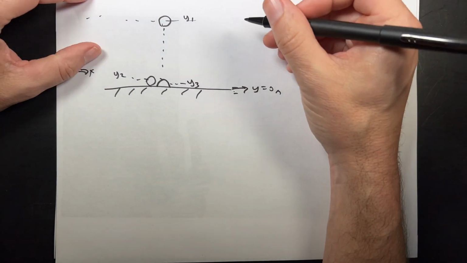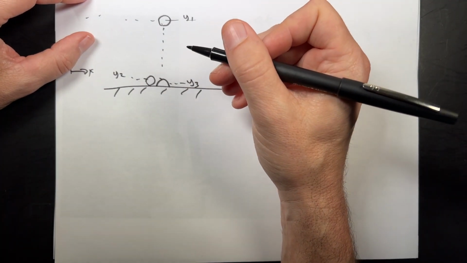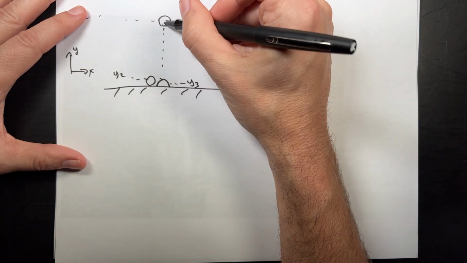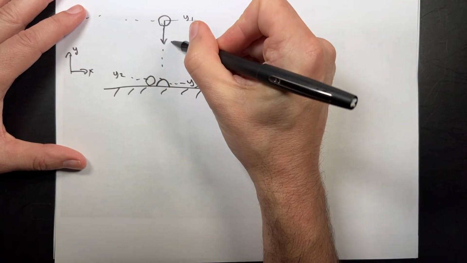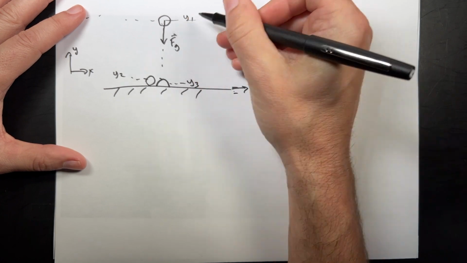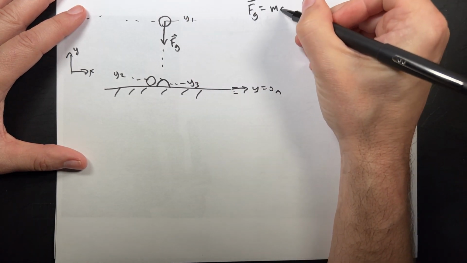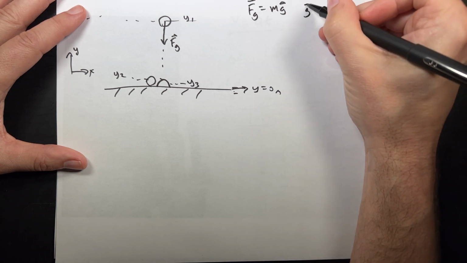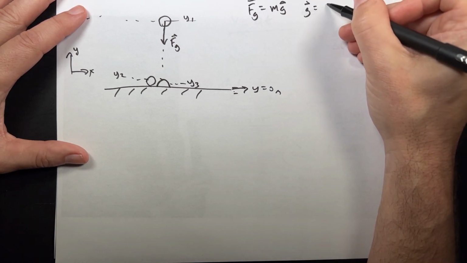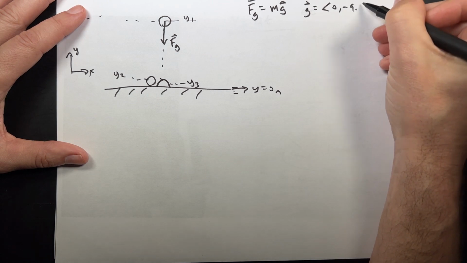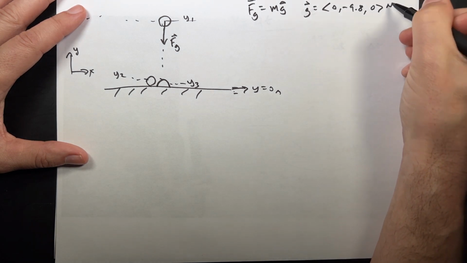Now, in a situation like this, there's a couple forces that are interacting with the ball. There's the downward gravitational force. I'll call that Fg. So Fg is mg, where g is the gravitational field, and it's going to be equal to the vector 0, negative 9.8, 0 newtons per kilogram.